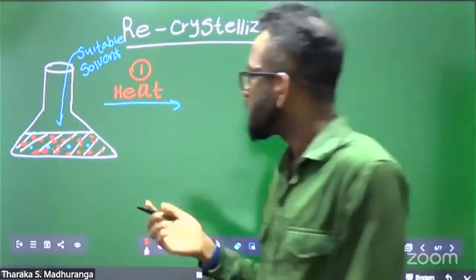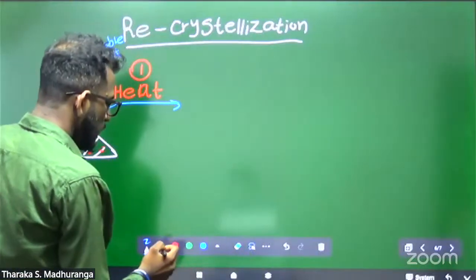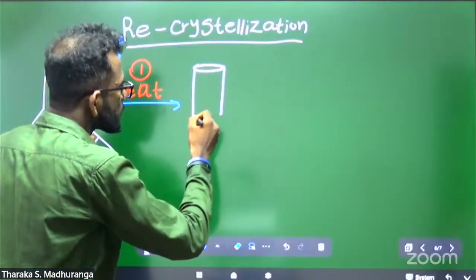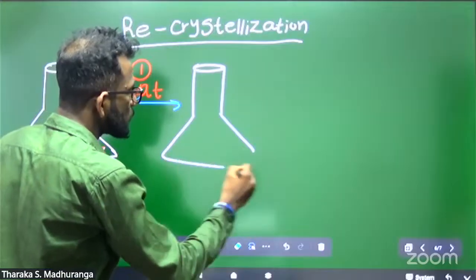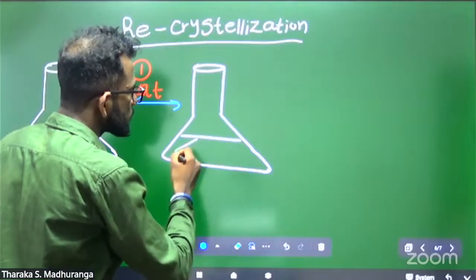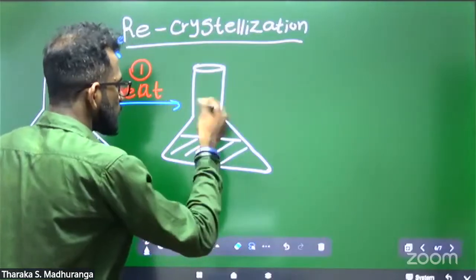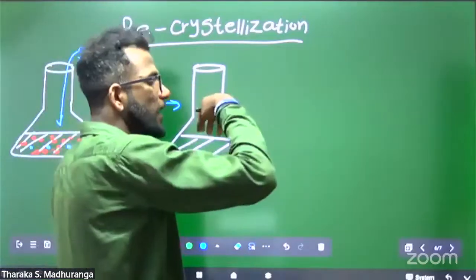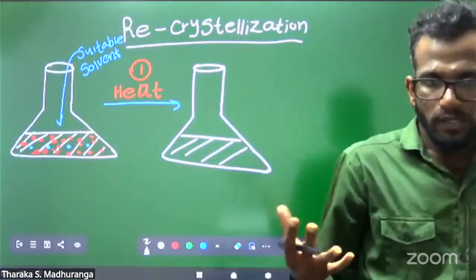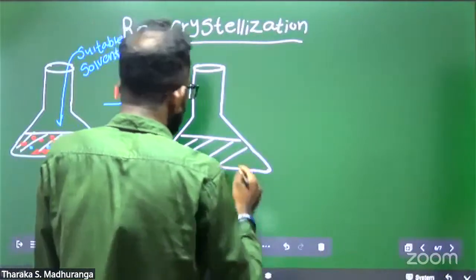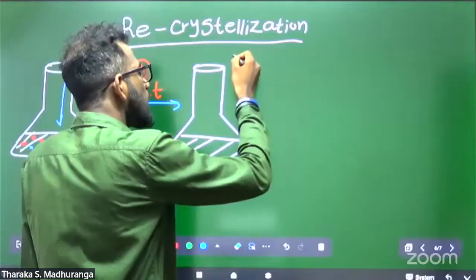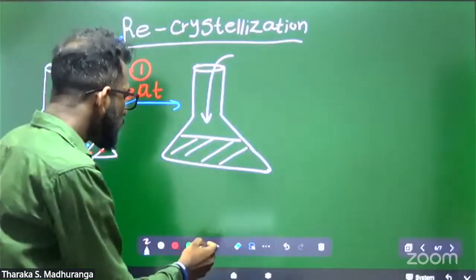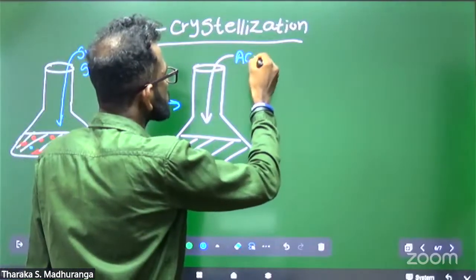After heating and mixing, the entire solution becomes the same solution. The impurities dissolve and, with the solvent added, everything becomes one solution. After heating, we add a special material, activated carbon.